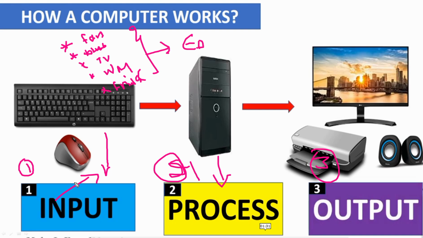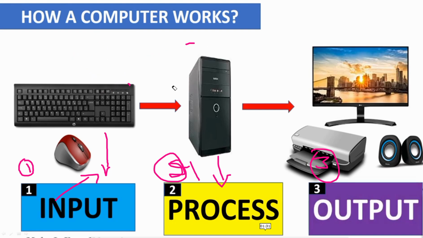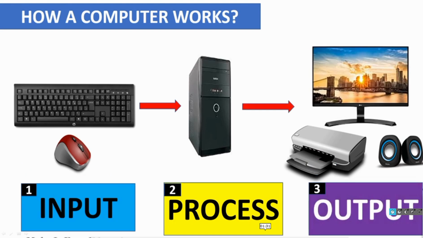Now, the first one is input. Input is the information or instructions given to the computer. Who gives the information or instruction to the computer? The user. As we discussed in the last video, we are the user.